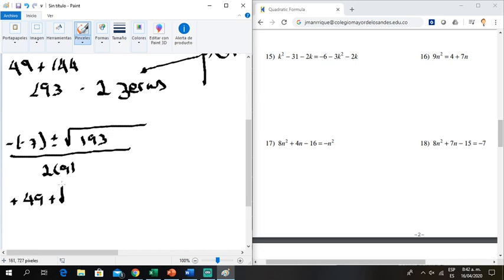The first is positive, the square root of 193 over 18, and the second one is the negative. Excuse me for my numbers.